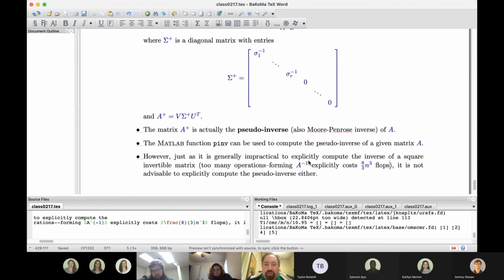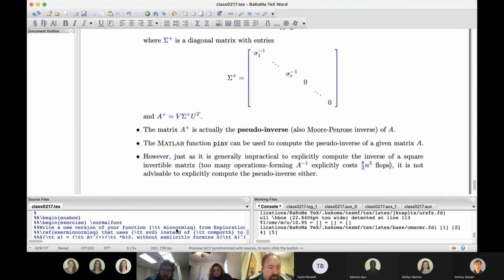But if you go to the trouble to form A inverse and then do a multiplication of B, that costs you a whole lot more. So don't do it. And similarly, the pseudo inverse, bad idea to form explicitly.